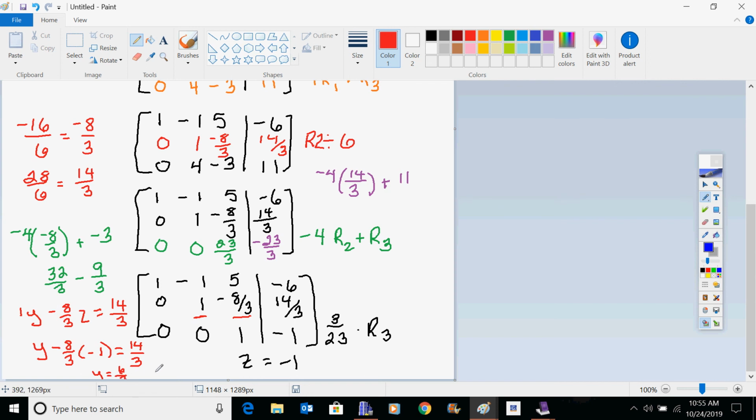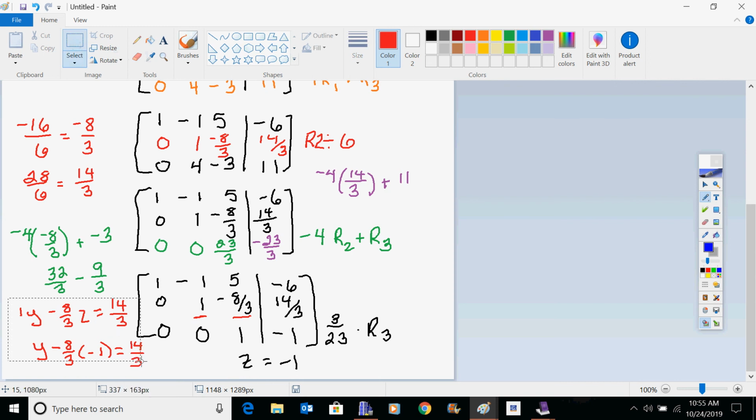Wait, if it's negative on the left side of the equal sign, when it goes over to 14 thirds, wouldn't it be positive? Hold on, but it's minus negative. I need more space, so I'm going to do a nice big erase here.